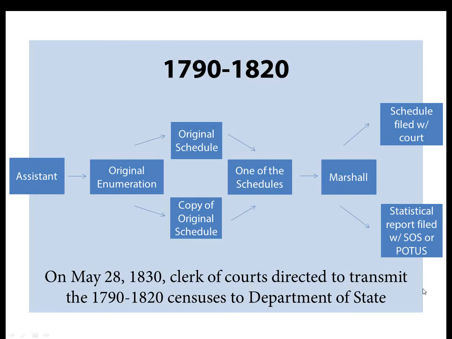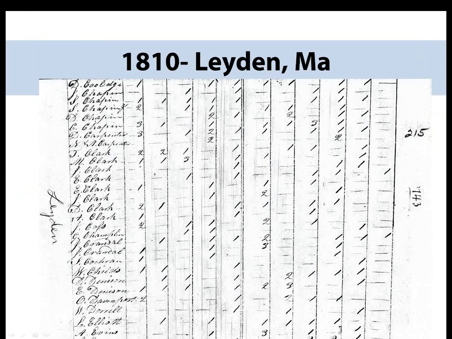Now, when we look at a particular example of a census in 1810, this is in Leiden, Massachusetts, we can tell that this is a copy of the original enumeration. And how can we tell this? Everyone is living in alphabetical order, which is not probable. In fact, mostly not possible.